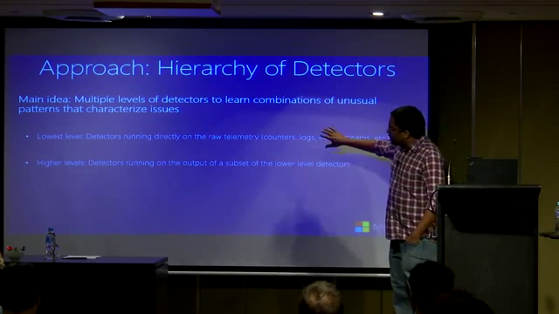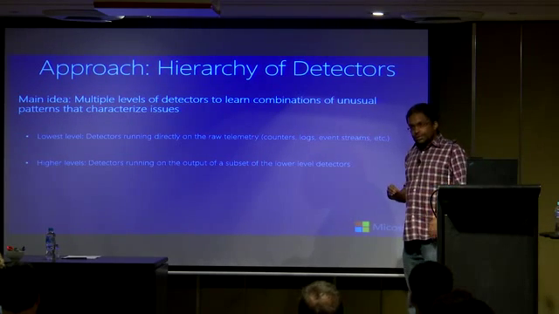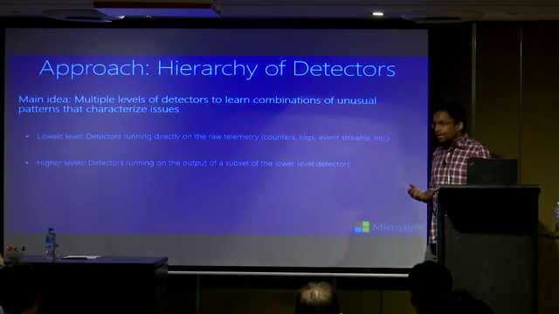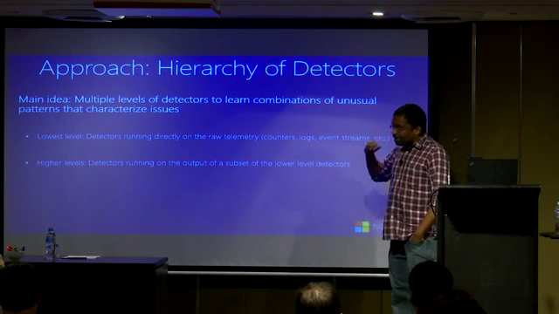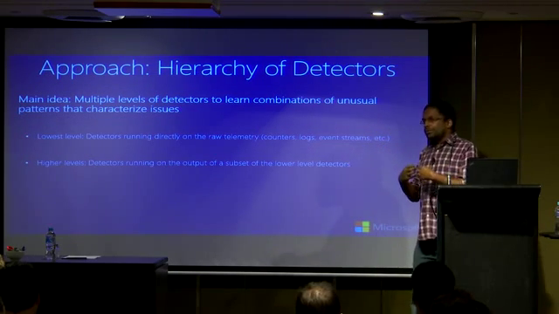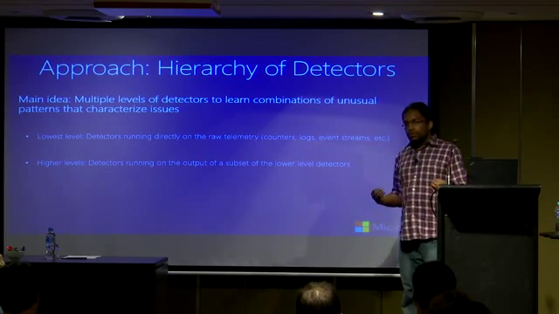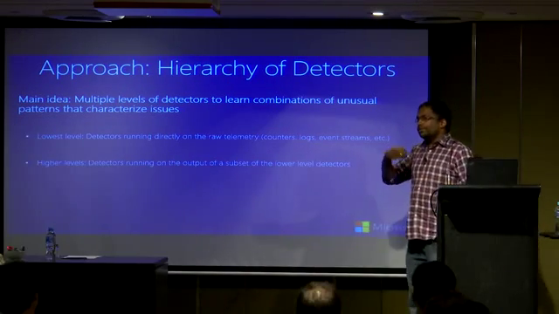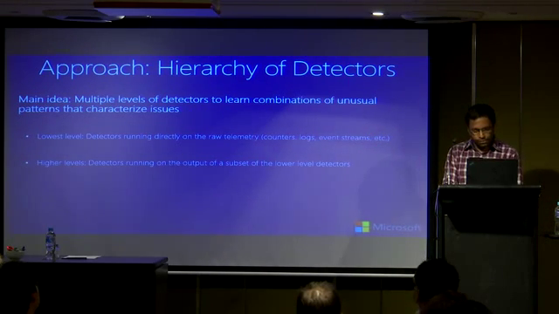At the lowest level of this hierarchy, we have detectors running directly on the raw telemetry data, for example, performance counters, KPIs, and so forth. At the higher levels, we have detectors running on top of the lower level detectors. That is, they combine the outputs of the lower level detectors to define higher level ones. And you can imagine a full hierarchy of that form.